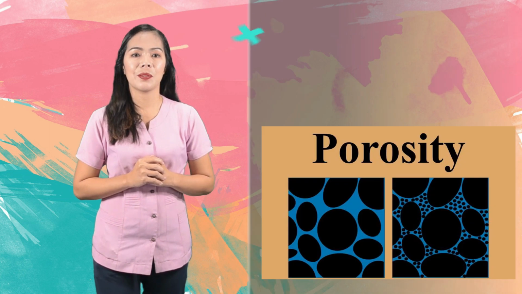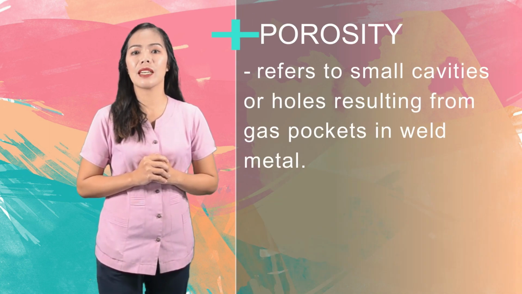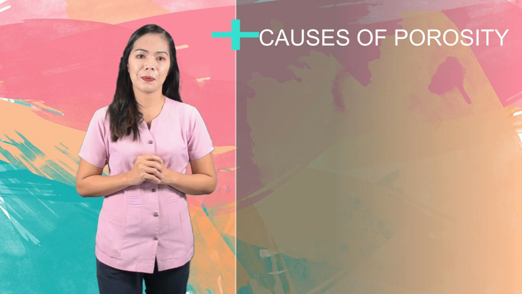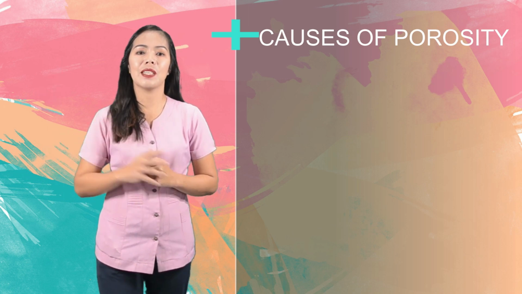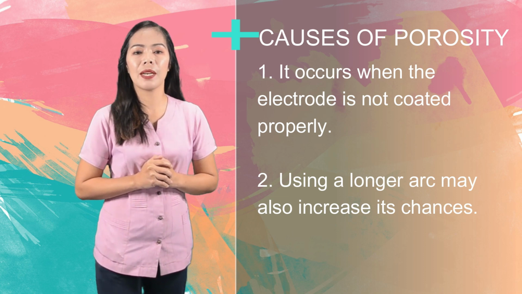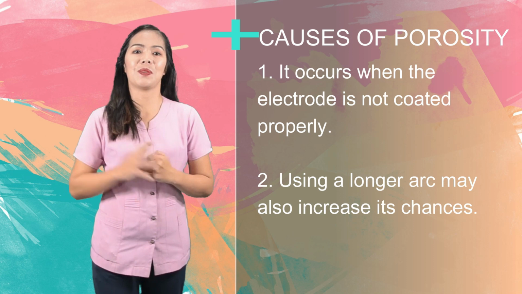Fourth defect, porosity, refers to small cavities or holes resulting from gas packets in weld metal. Causes of porosity. Number 1. It occurs when the electrode is not coated properly. Number 2.